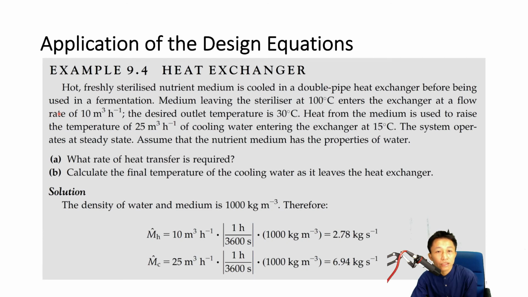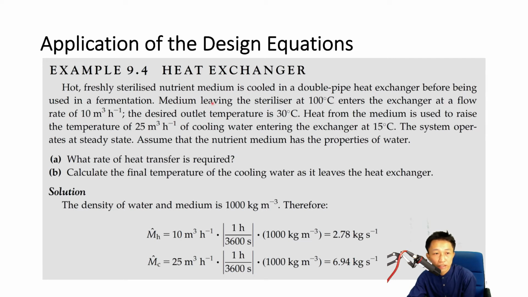This one is a heat exchanger again. Hot, fresh, sterile medium. Sterile means very clean. The nutrient medium is cool, so we use a double pipe heat exchanger before use. We just exchange the temperature before we use it. The medium leaves the sterilizer at 100 degrees Celsius and enters, so it's quite hot after you sterilize things.